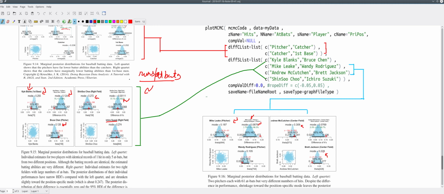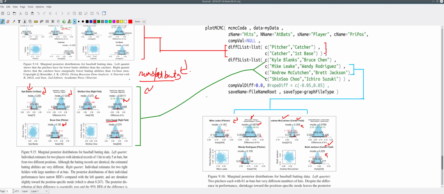So there is a difference, and this difference is substantial. Even though they are playing at the same position in the field, Andrew McCutcheon has a higher ratio of runs to at bats than Brett Jackson.